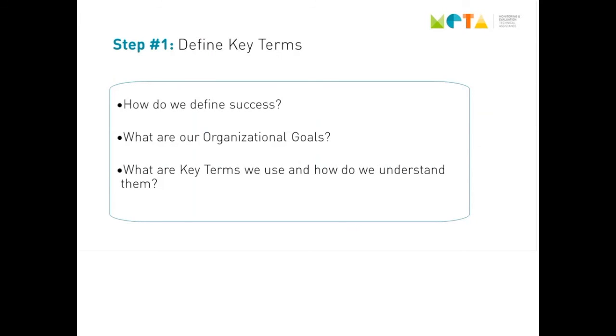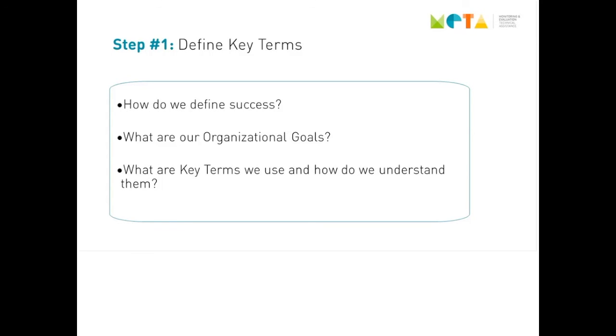What are our organizational goals, and how do we then align the work that we're doing and the many programs and projects that we may have in our portfolio with accomplishing our organizational goals? What does success of a project look like?